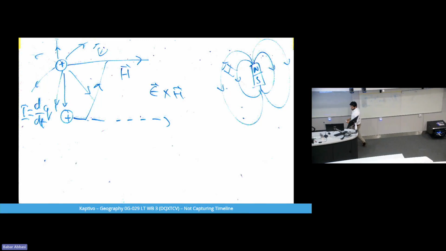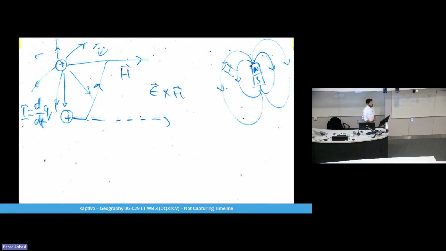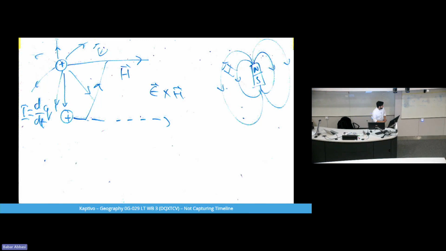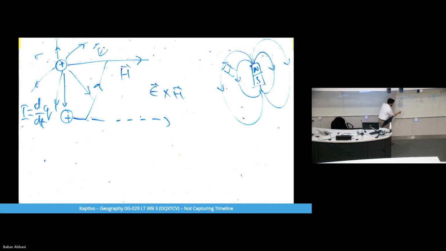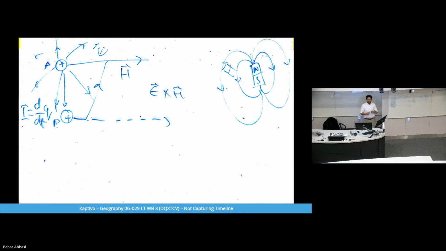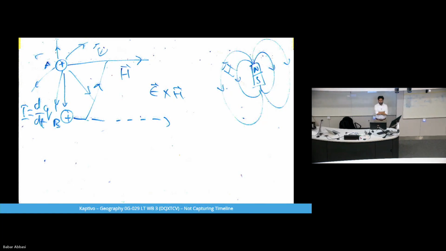Now, you are an engineer. If I want to practically do this, can you do it? I want a bunch of engineers. I am just giving them a task. Okay, take a charged particle, move it from A to B. Can you do it? How?